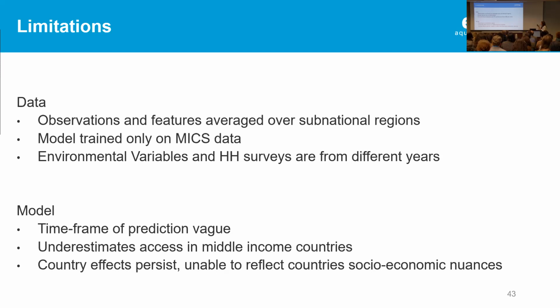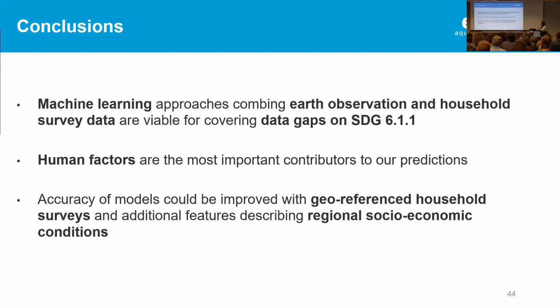And of course the model has similar limitations. But overall, it's been very amazing to see how far we can get with some of this data, which is available on a global scale. And I think, like my colleagues as well, we see a lot of potential for improving these models and also for experimenting with different types of data sources.